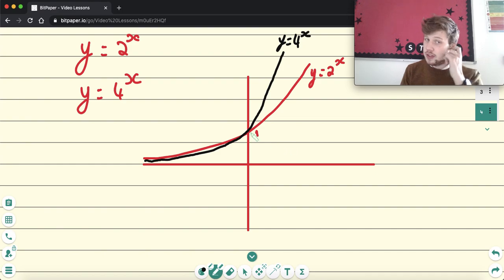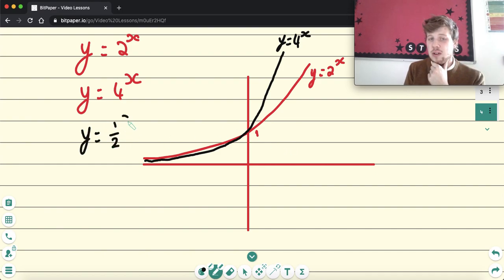What I want us to think about is what's going to happen with y equals a half to the x. So to approach this, first of all, I want to change this half to be something like a 2 or a 4. I want it to be some sort of integer to the power of x. So to do this, I can use my index laws.